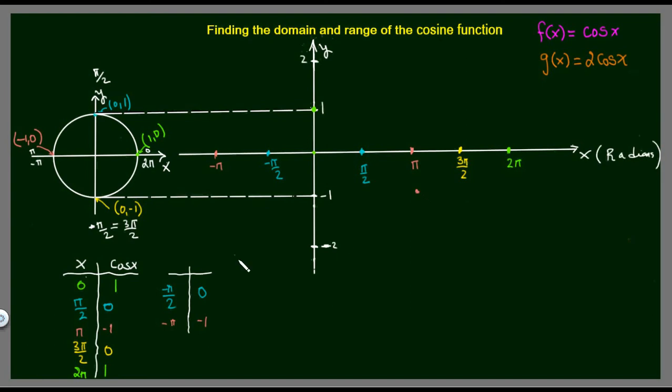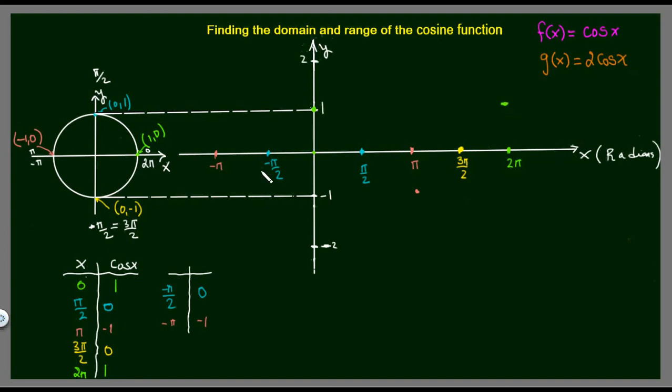And when x has the value 3 pi over 2, we are having 0. We're going back on the x-axis. So we have the value 0 here, and then going to 1 again with 2 pi right there.